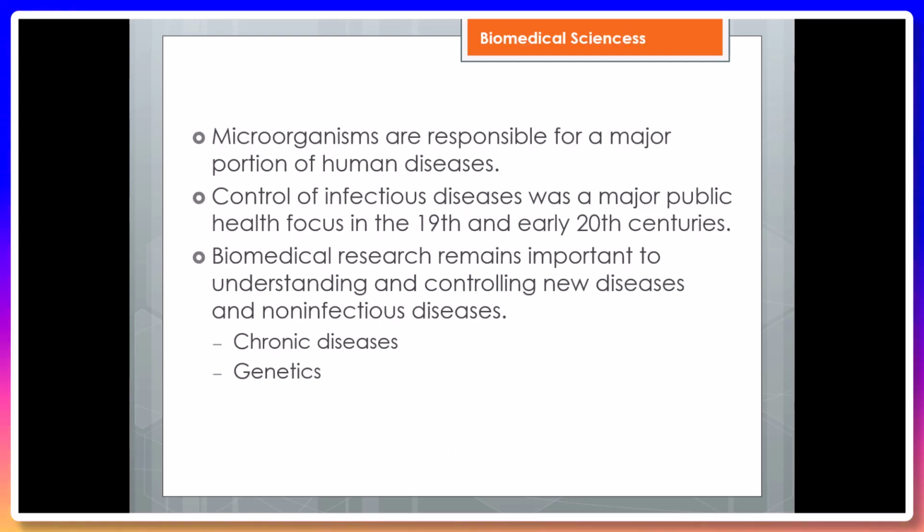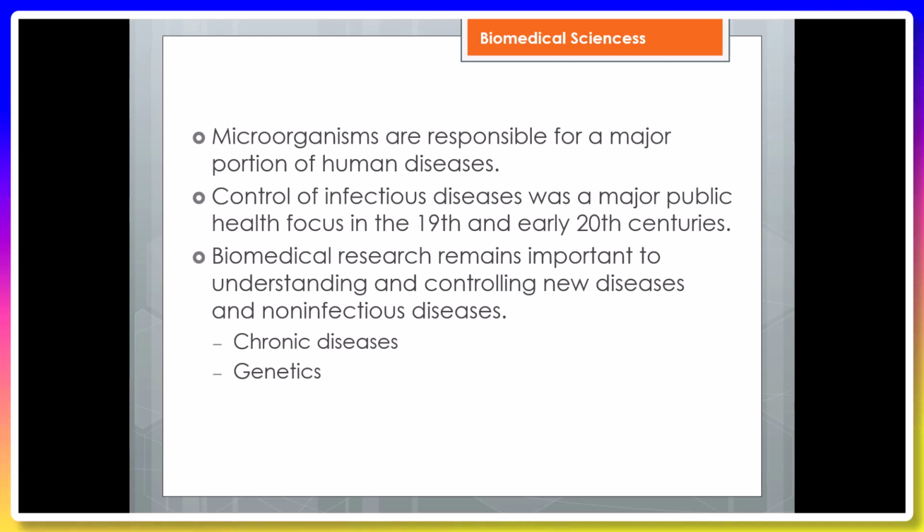The next one I want to look at is biomedical sciences. So we know that microorganisms are responsible for a major portion of human diseases. COVID-19 was caused by a microorganism. The control of these infectious diseases was a major public health focus in the 19th and early 20th century. In our next module, we'll talk more about this. But biomedical research remains important to understanding and controlling new diseases and non-infectious diseases.